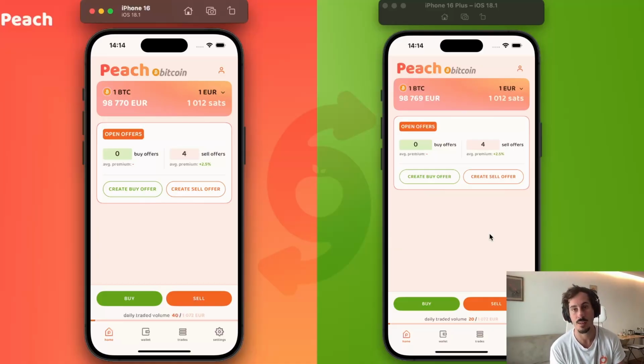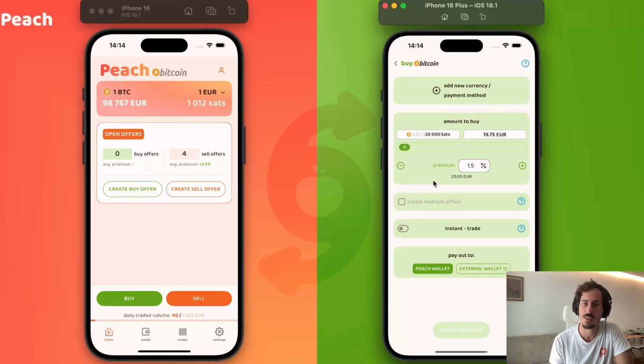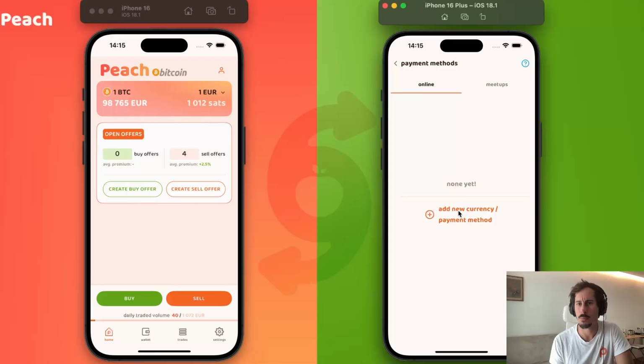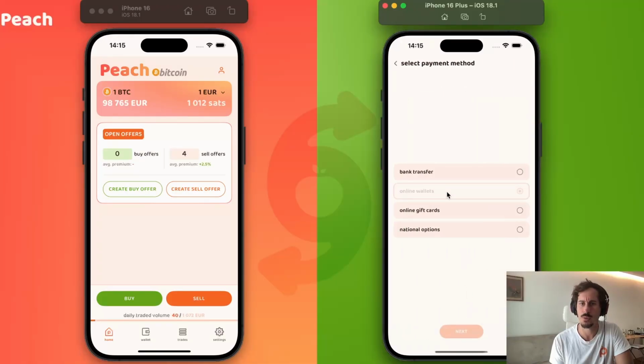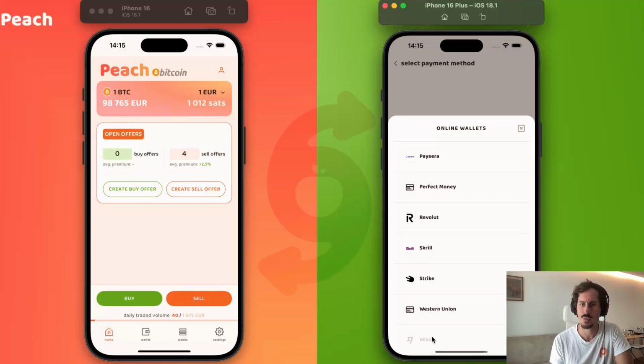So what does creating a buy offer mean? It means that someone is saying, hey, I'm interested in buying, well, let's just say this amount of sats, around 71,000 sats, at 0.5% premium, and I want to pay the seller in euros using Wise.